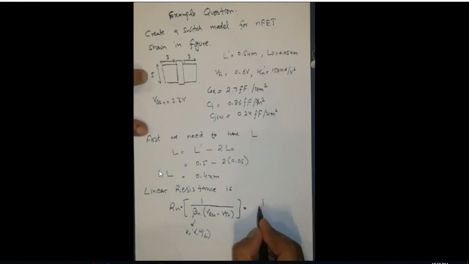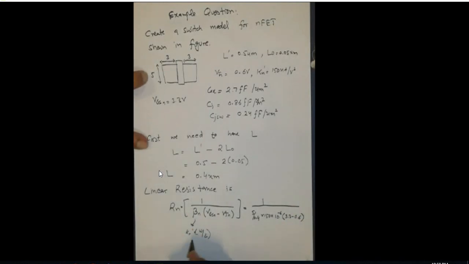So the values we will get are, this is equal to 0.4 divided by 150 into 10 power minus 6, and then we have 3.3 minus 0.6. If we solve this expression, this Rn turns out to be 197.5 ohms. This is how you can find the linear resistance.